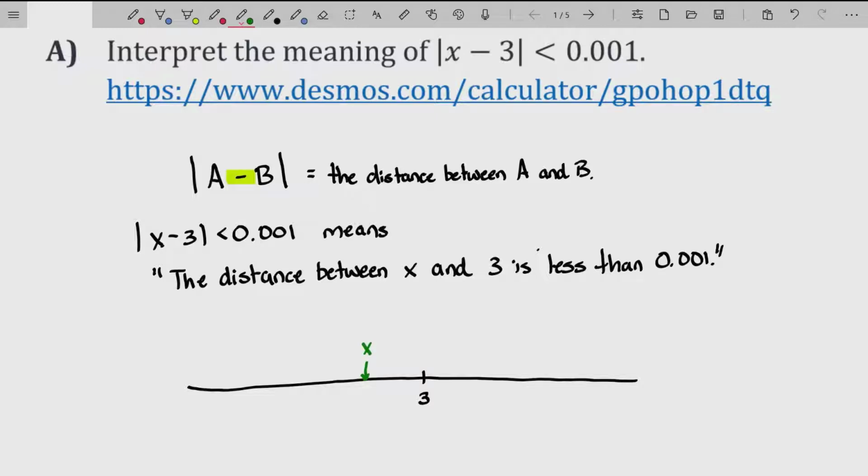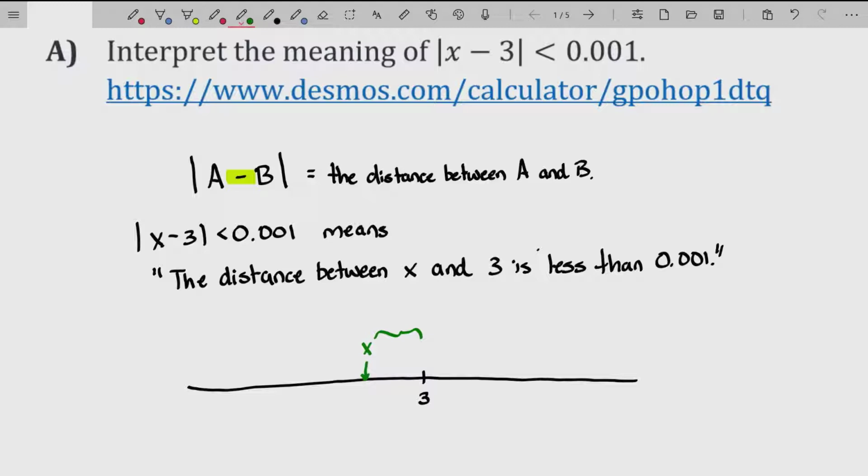What we want to be true is that the distance between 3 and x be less than 1/1000th. Well, that really truly means that x has to be really, really close to 3, within 1/1000th of 3. So there's a little wiggle room around 3 that we allow all of our x values that satisfy this inequality to exist within.